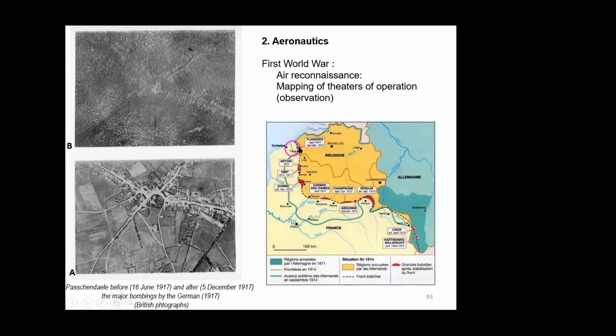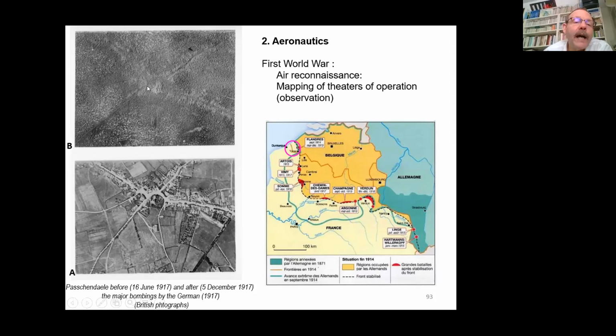Passchendaele is a small village in Belgian Flanders, close to Ypres, and it was totally destroyed between June and December 1917. Here's a village with some houses, a road, and crop parcels, and this is the result after the bombing.